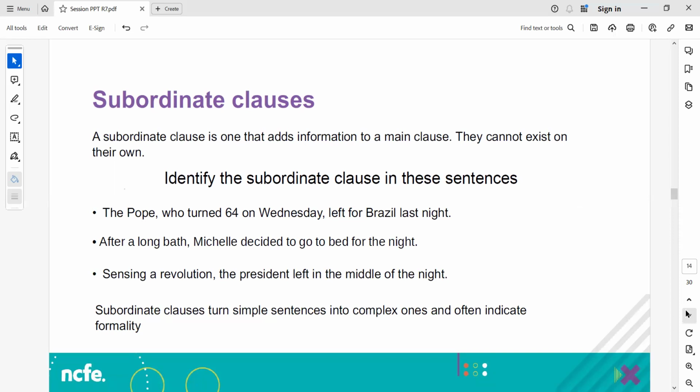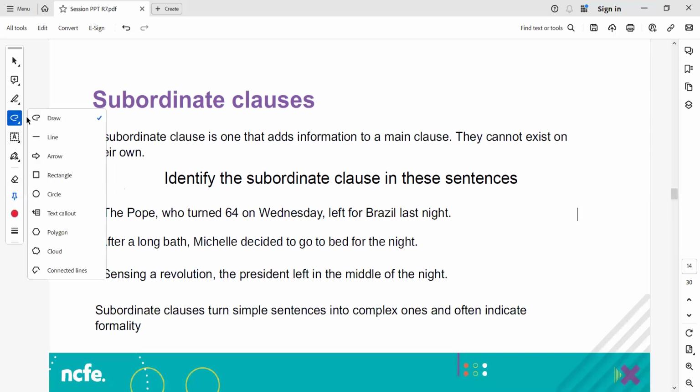The Pope, who turned 64 on Wednesday, left for Brazil last night. So what is the subordinate clause there? What's the additional information in that sentence?